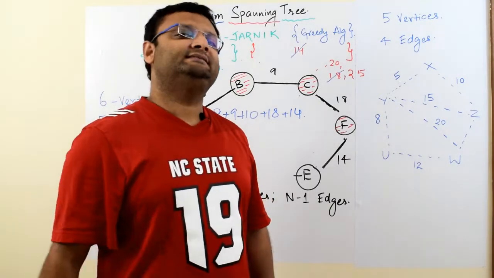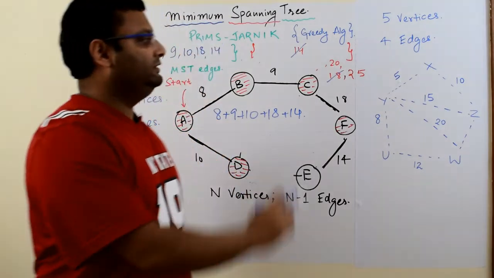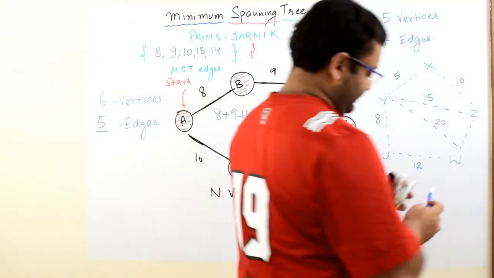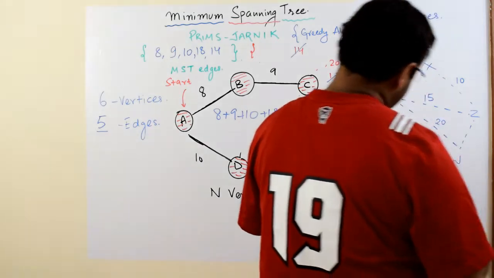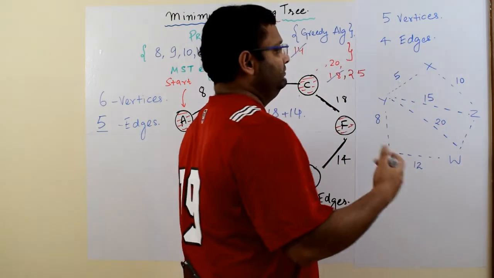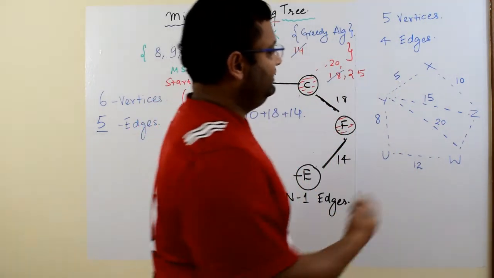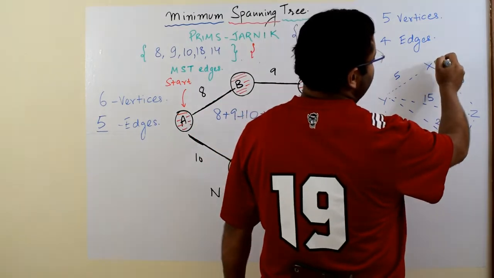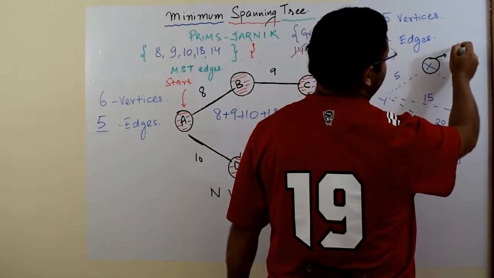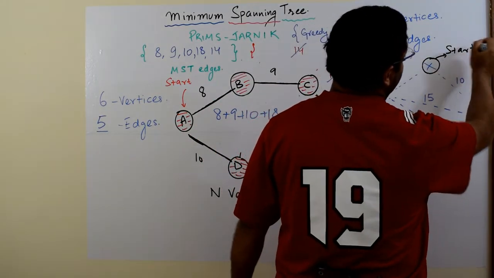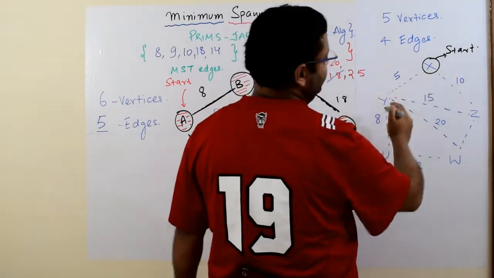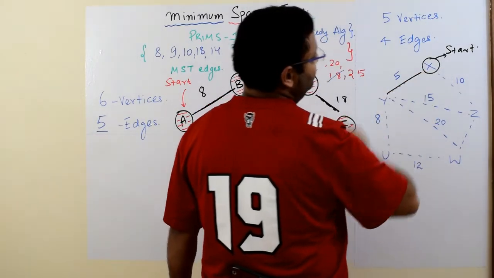Now let's also practice this algorithm quickly on this second graph. It's very simple, and I'll go a bit quickly. We'll select X as our start vertex. Minimum edges 5 and 10. Out of this, the minimum is 5.